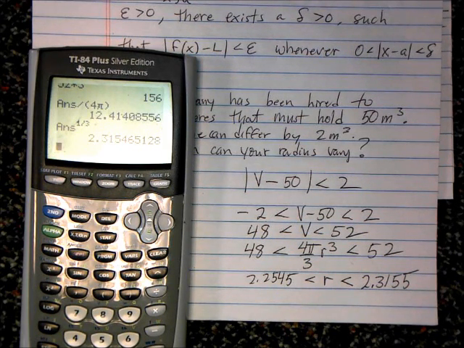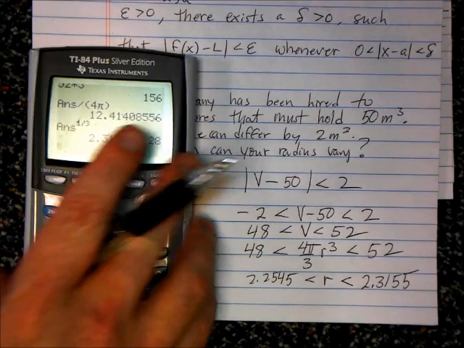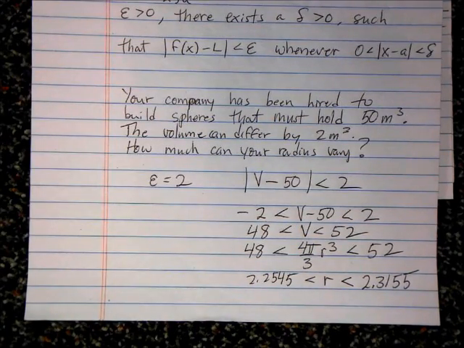All right, so in order to build the sphere that's going to match, we need our r value to end up being between 2.2545 and 2.3155. Ideally, what should our r value have been? If we wanted the sphere to have exactly a volume of 50, what should our radius be? 2.25?